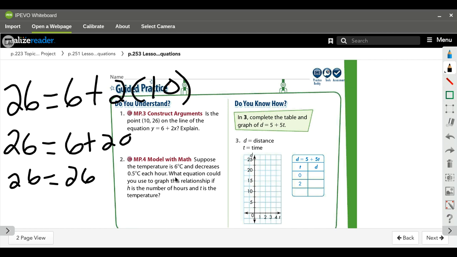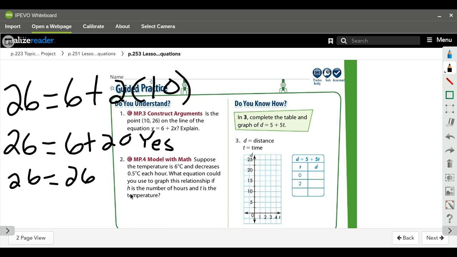So it is on the line. So yes, it's on the line because when I substituted 10 in for x and then solved the equation, I got a value of 26.